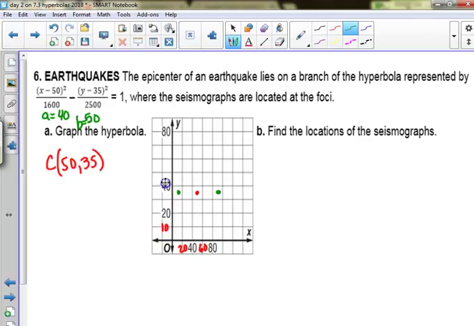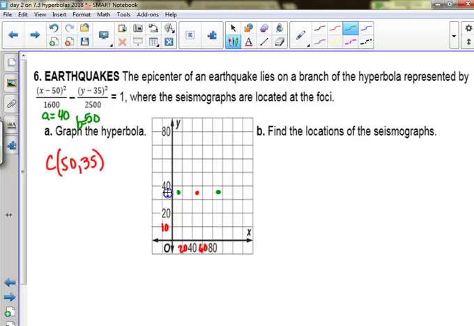Since it's counted by 10s, it's 5 boxes. 10, 20, 30, 40.